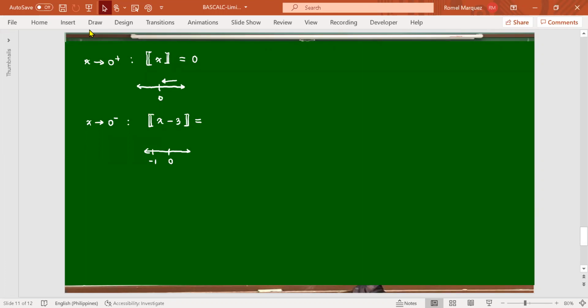So pag ito nabawasan ng 0, ay yung 0 nabawasan ng konti, mapupunta siya sa kaliwa ng 0, right? Ano yung mga sample? Negative 0.5. Kaya ito, parang nadadagdagan to ng negative something. So magiging negative 3 point something. Okay? So anong simplified form nito? Negative 4 po. Ito yung sa x, ha? Pero yung x minus 3, mapupunta sa negative 4.